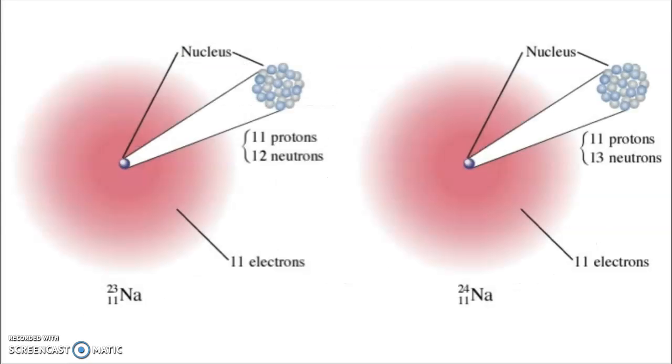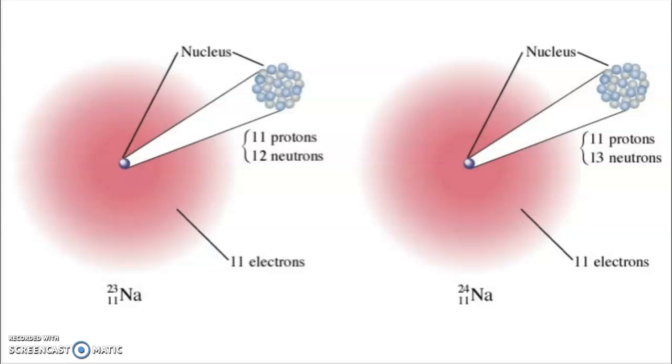Another example that we have is sodium. Na means sodium. You can see that if you look at your periodic table of elements. And if I zoom in on my nucleus of sodium and compare the 2, I see that I still have 11 protons in both of them. It's sodium, so they have to have 11 protons.